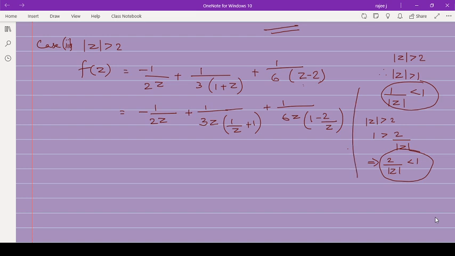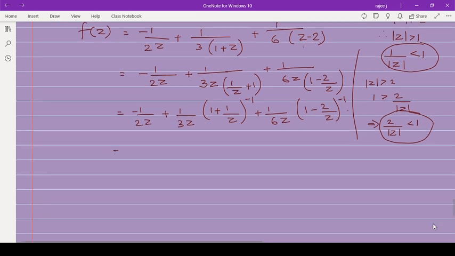So this is equal to minus 1 by 2z plus 1 by 3z into 1 plus 1 by z raised to minus 1, plus 1 by 6z into 1 minus 2 by z raised to minus 1.